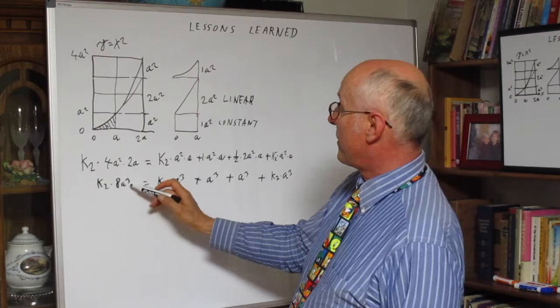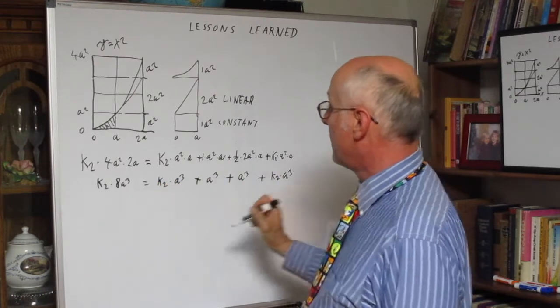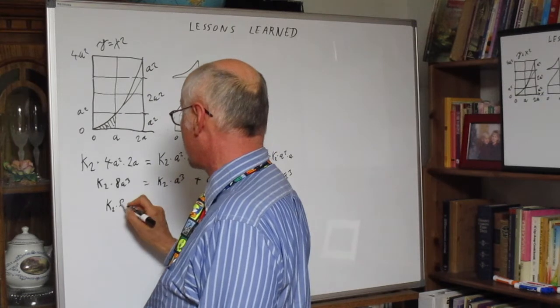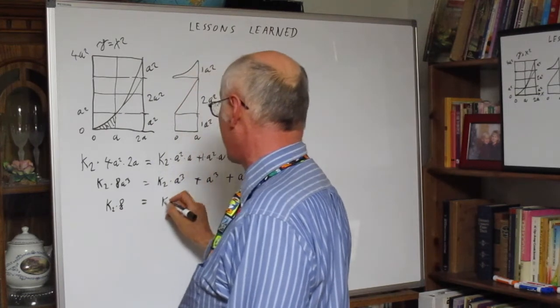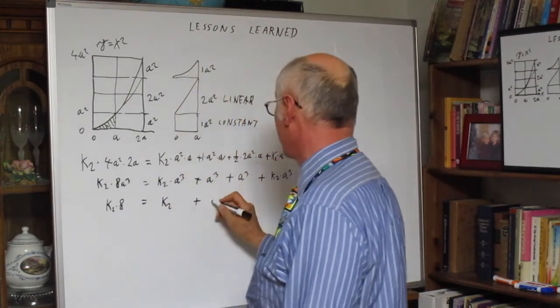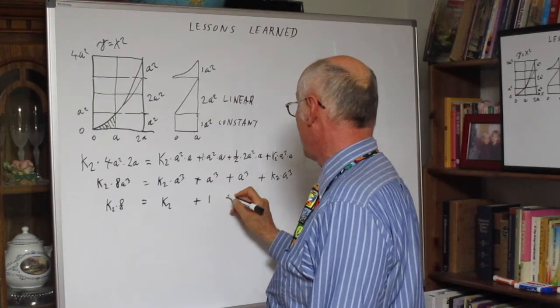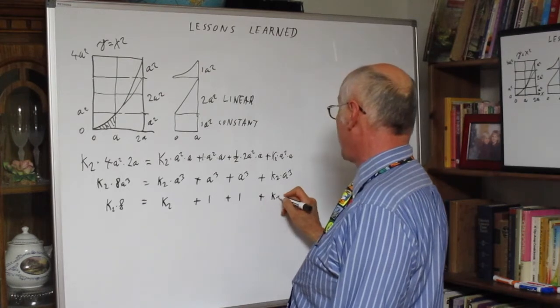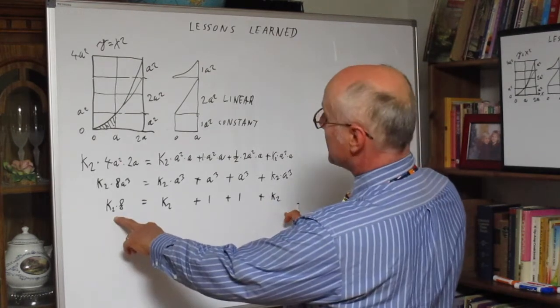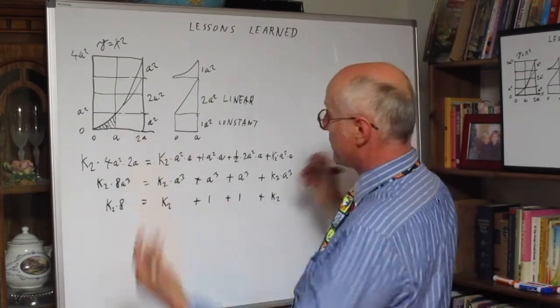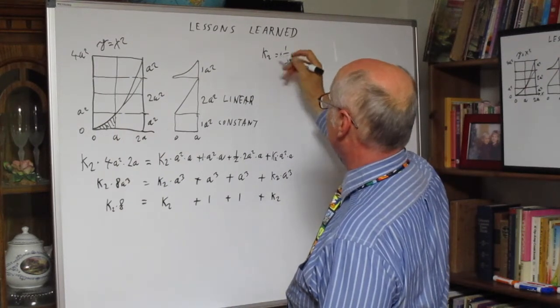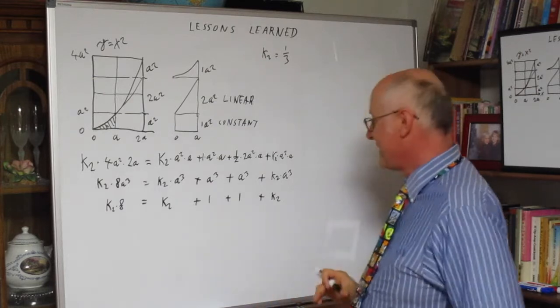And the a cubed basically falls out. And you get K2 times 8 equals K2 plus 1 plus 1 plus K2. So 6K2 equals 2, from which we get K2 equals 1/3. Pretty cool, huh?